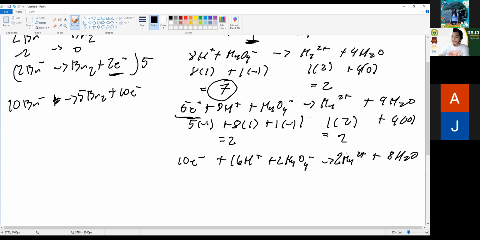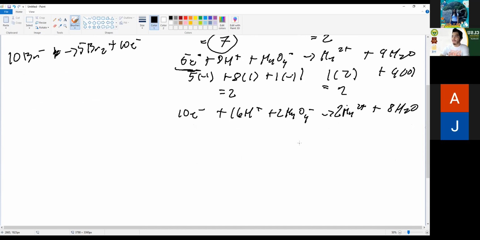So, balance. Ngayon, ang gagawin natin, i-a-add na natin yung dalawang half reaction. So, 10 Br negative will yield 5 Br2 plus 10 electrons.